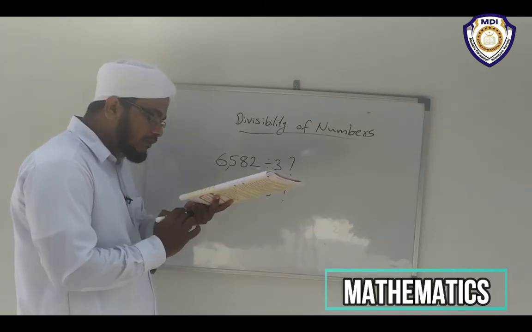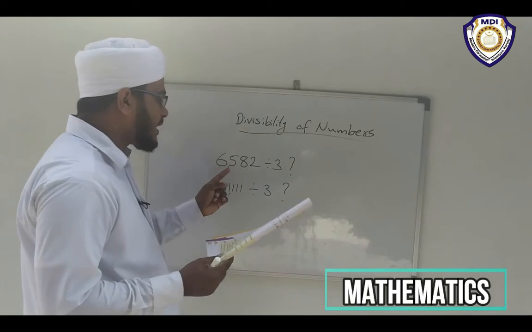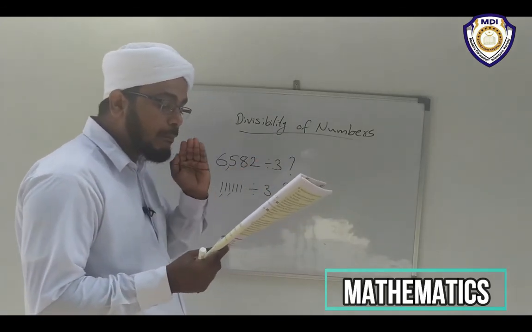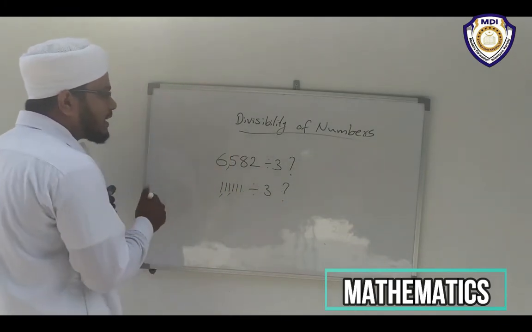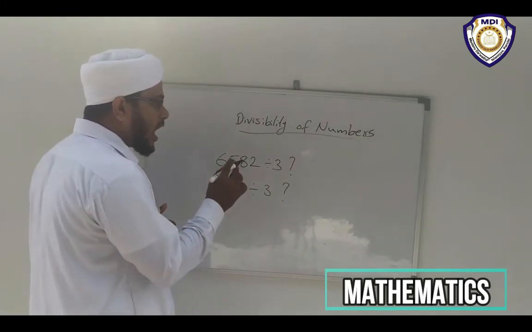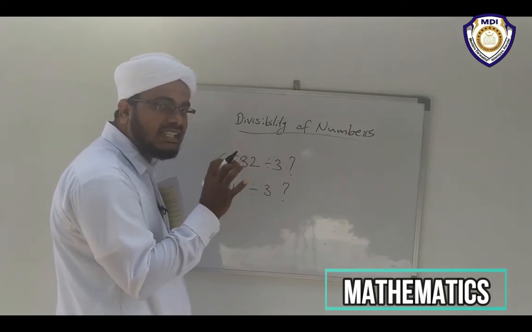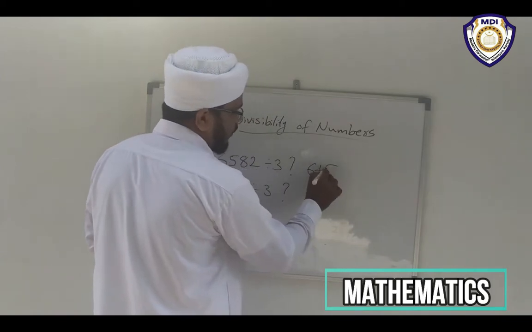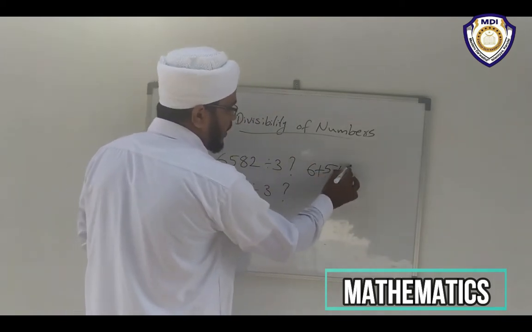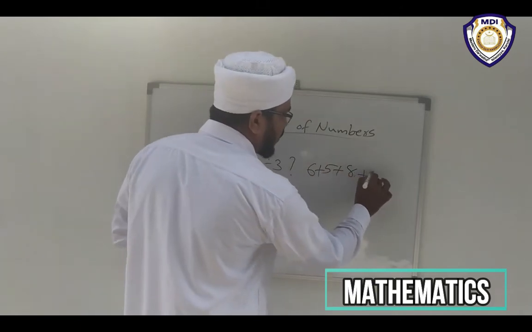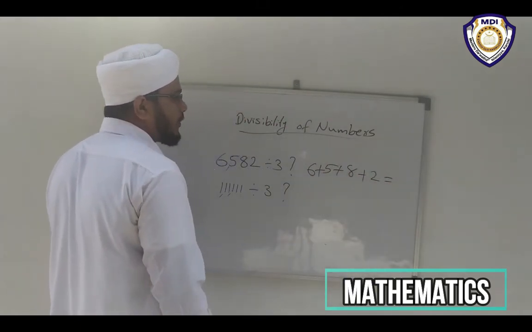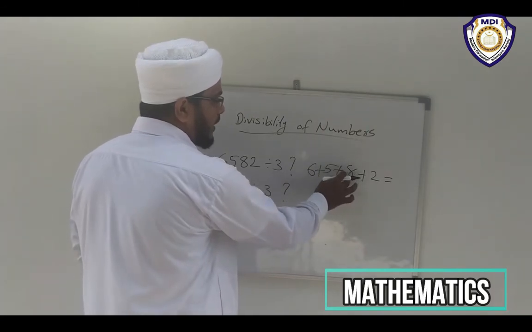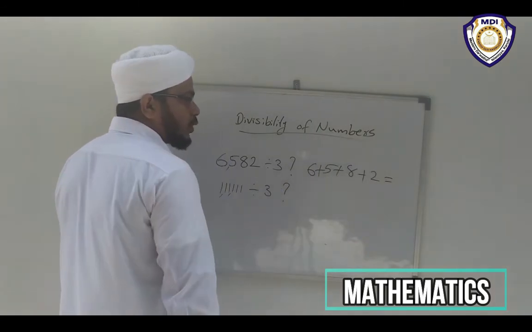Yes. How can we understand whether it is divisible by 3 or not? We have to take the sum of the digits. What does the sum of the digits mean? We have to add each and every digit of that number. Here 6 plus 5 plus 8 plus 2. Then what will the answer be? Yes, 11, 19 and 21.